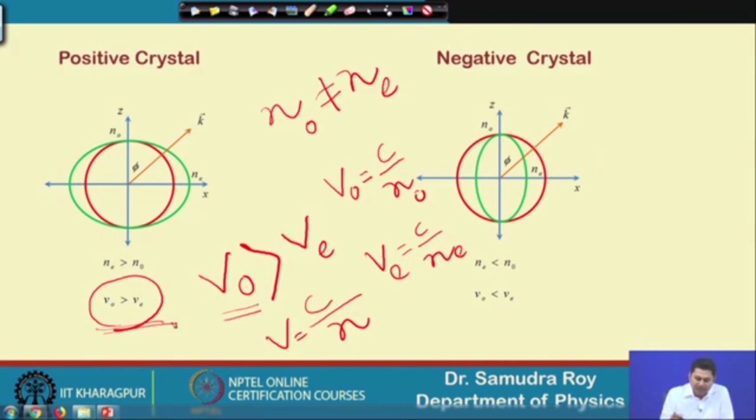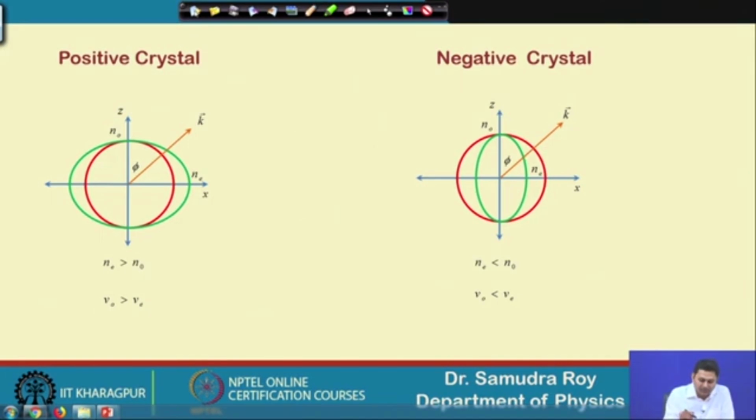Now, if I write this equation for VE and VO in terms of NE and NO, so let me do that. I say VO here is greater than VE. In other words, in terms of refractive indexes, c divided by NO is greater than c divided by NE, c cancels out.